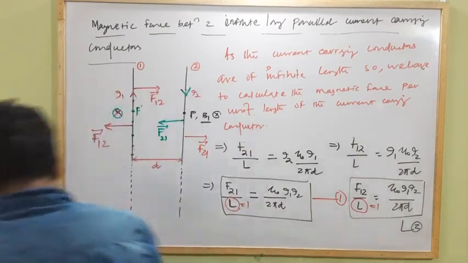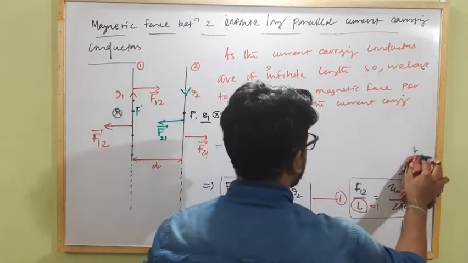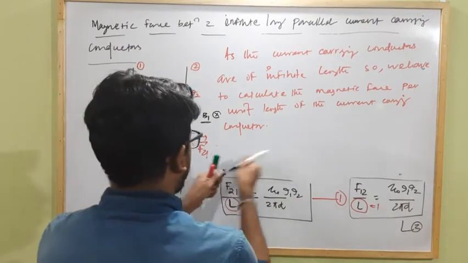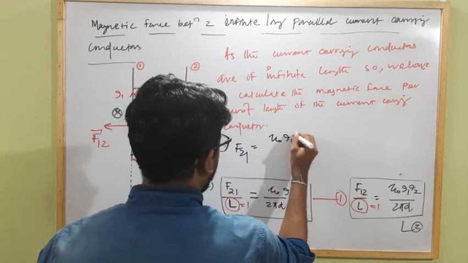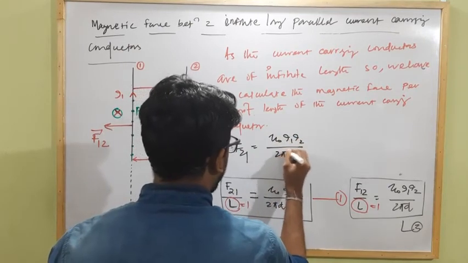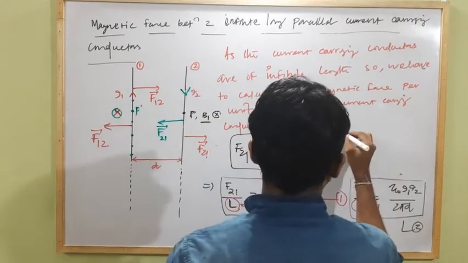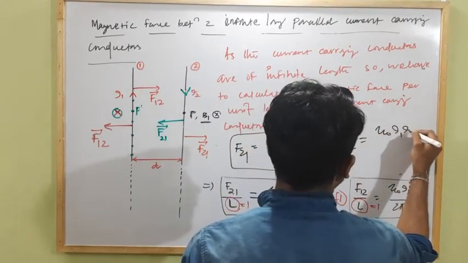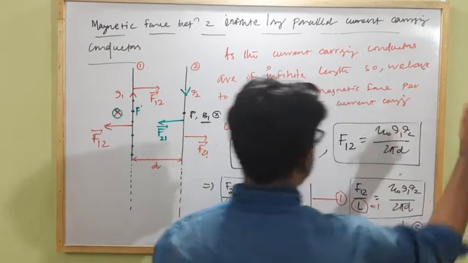Okay, so force on 1 due to 2, force on 2 due to 1 can be written as mu naught I1 I2 divided by 2 pi d per unit length, and force on 1 due to 2 will be the same, mu naught I1 I2 divided by 2 pi d per unit length.